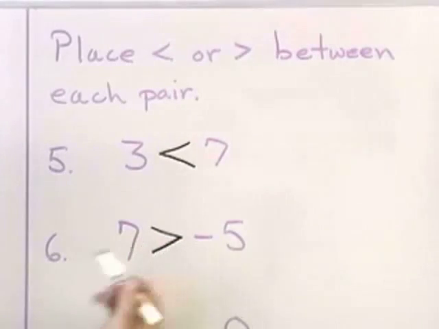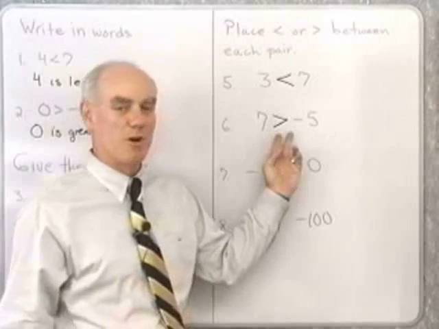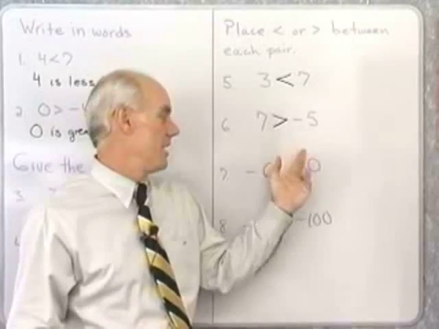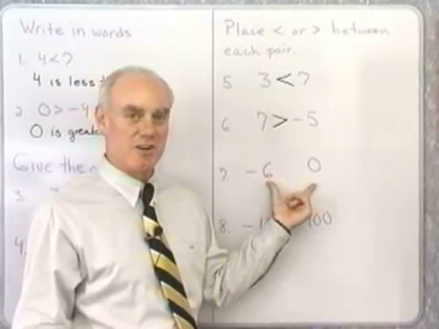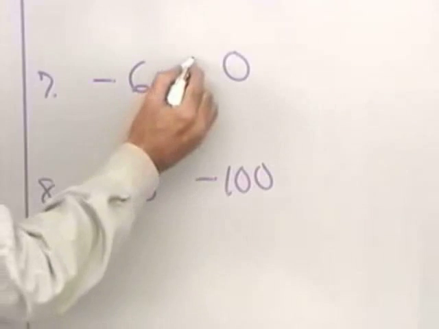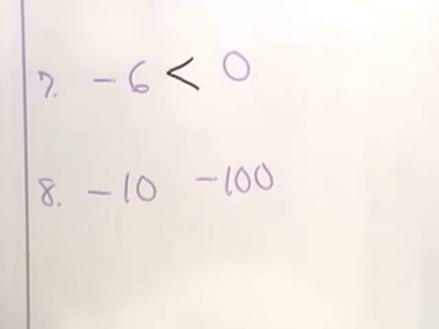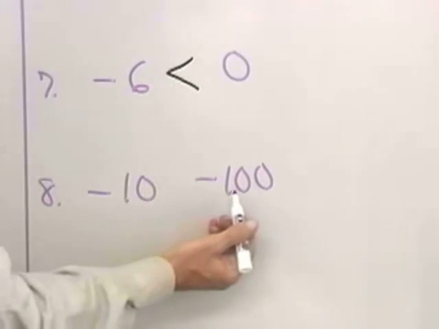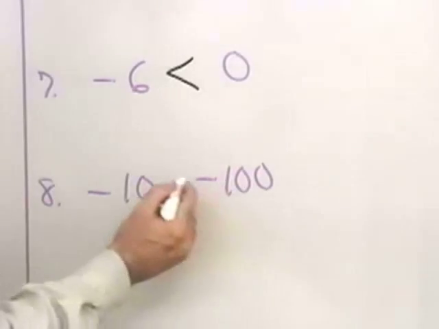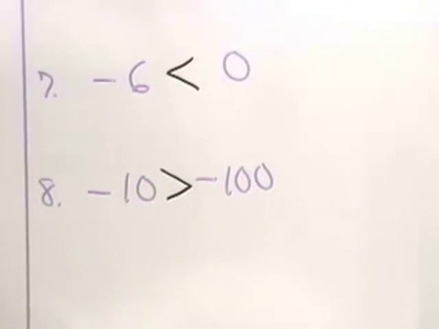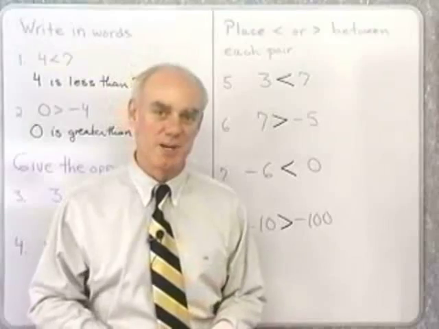So I simply want my inequality symbol to point to the smaller of the two numbers being compared. Next I have -6 and 0. Well, -6 is the smaller number, so my inequality will point that way. My last one, I have -10 and -100. -100 is the smaller of the two numbers, so my inequality symbol will point in that direction.